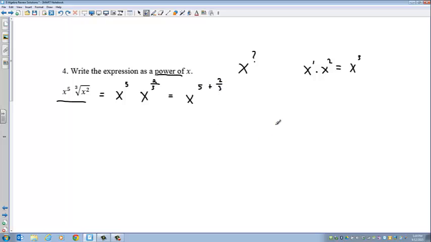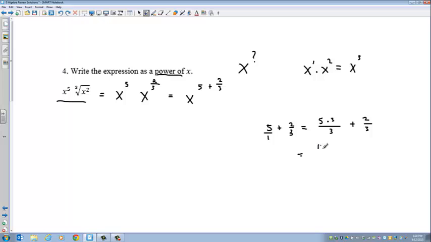And I have to figure out what 5 plus 2/3 is, so I have to add fractions. Remember, a 5 is simply 5 over 1, so I'm going to find a common denominator. So I'll take 5 times 3 divided by 3 plus 2/3. So now the denominators are the same, so I simply took a 1 and turned it into 3 by multiplying top and bottom.